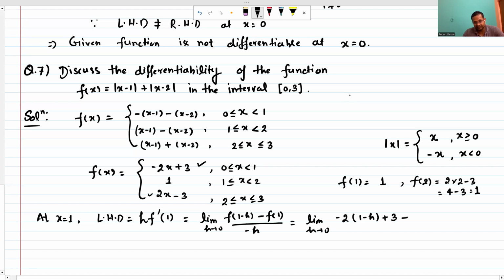The value of the function f(1) is 1, divided by minus h.